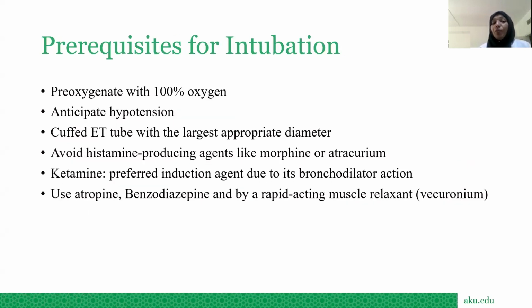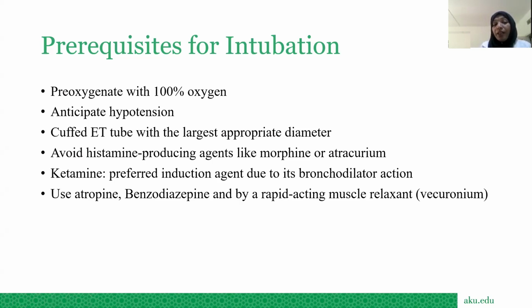Before intubation, you have to pre-oxygenate the patient with 100% oxygen. You have to anticipate hypotension because the patient was breathing very fast, insensible losses were very high, so the patient could be depleted of fluids. So before you intubate the patient, you have to give adequate volume. Then for intubation, you use a cuffed endotracheal tube, and the largest possible diameter should be used.